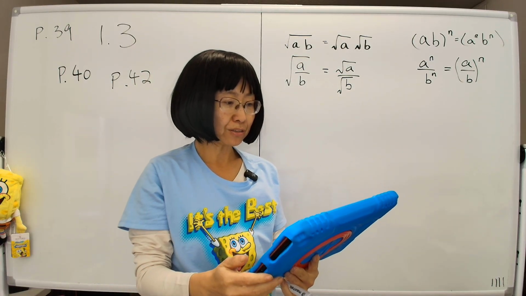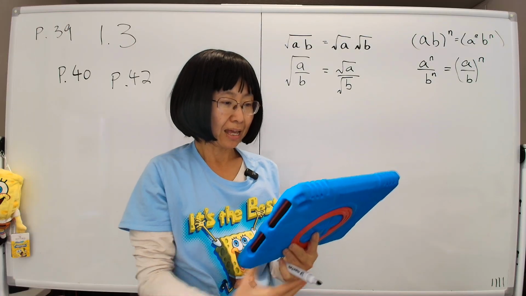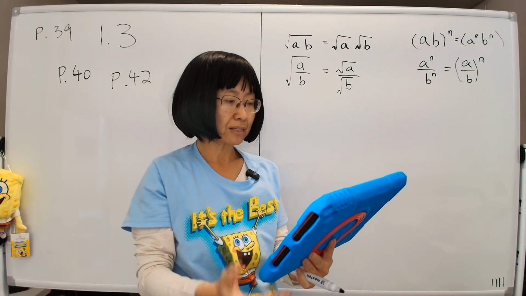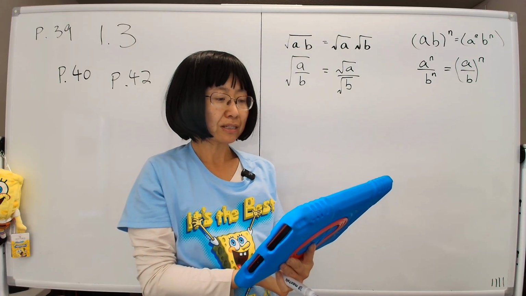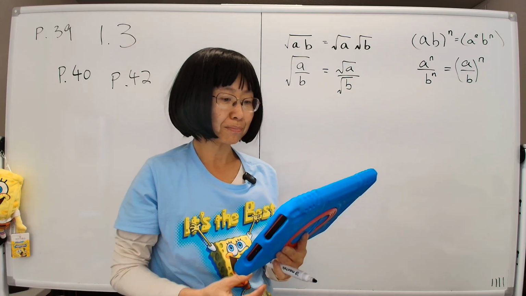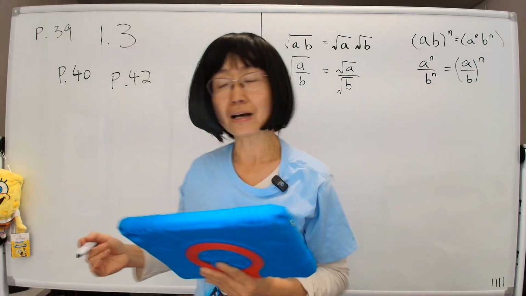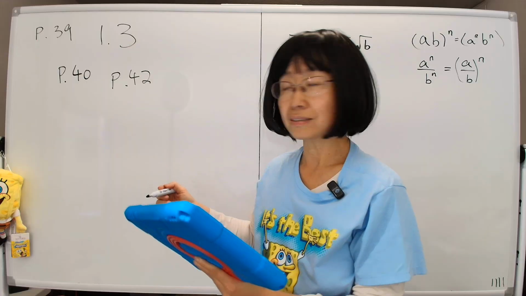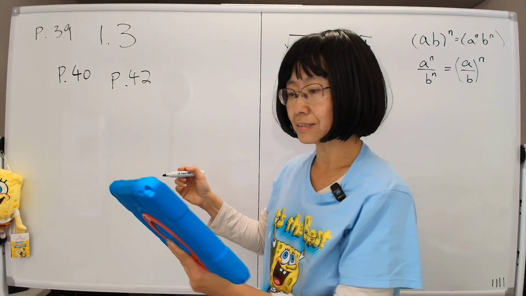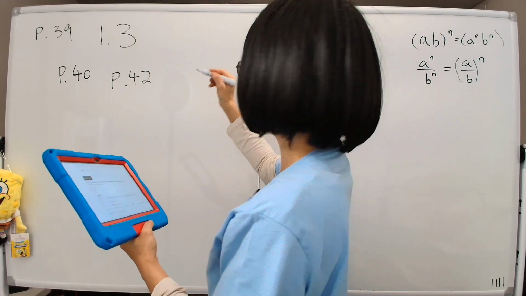So with that, please do example 4 as part of your homework, and example 5, where things are starting to look more complicated. Now, if things look more complicated, that changes nothing. We're just going to do it the same way. For example, let's look at example 5.